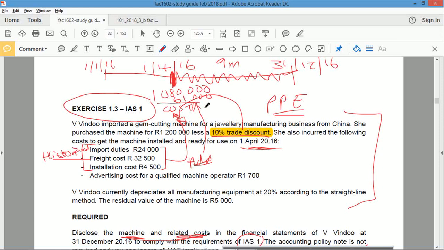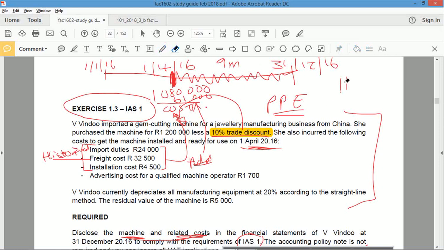Let me add, it's 24,000 plus 35,500, 32, sorry, it's a 32, plus 4, 5. Should be 61. Okay, so 61 is right, plus 1080. Yeah, so that's fine.